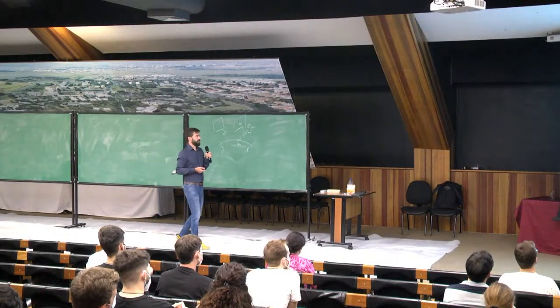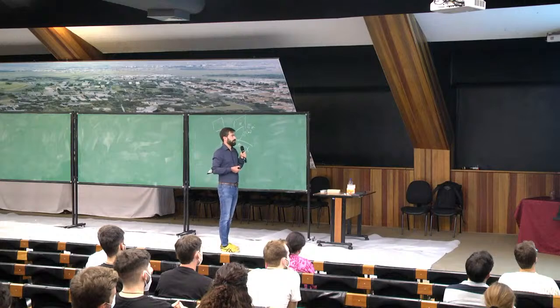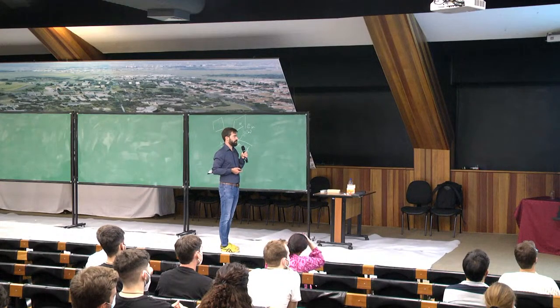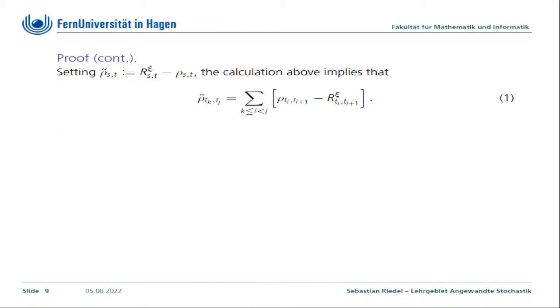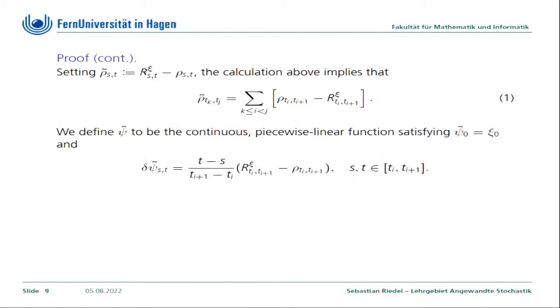So what about the remainders? We write down the remainder here. Still, psi is not chosen. We did all that last time. And then at some point we define a candidate for psi, which we call psi tilde, and this is a piecewise linear function.